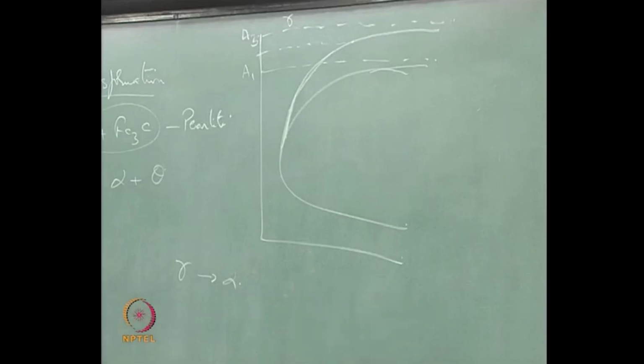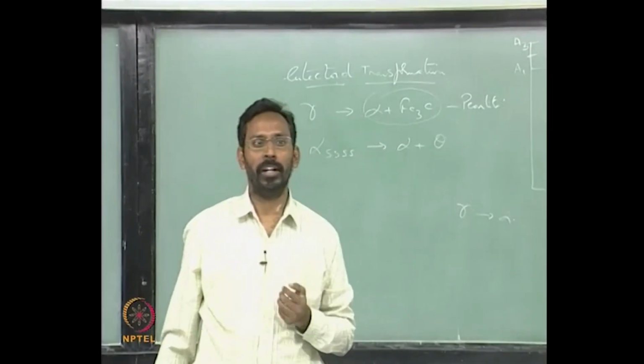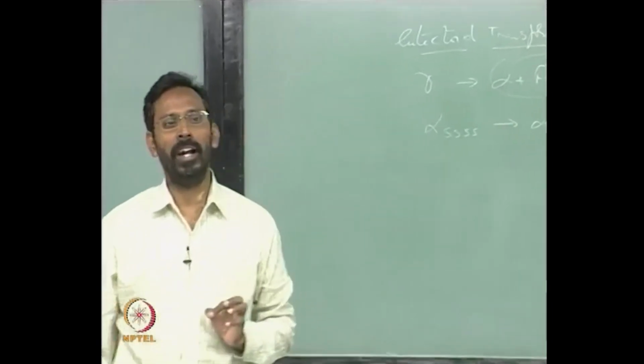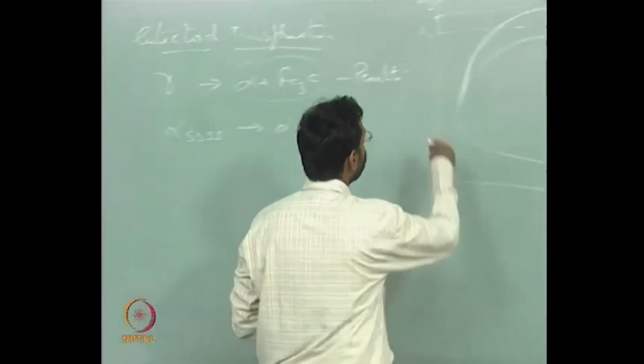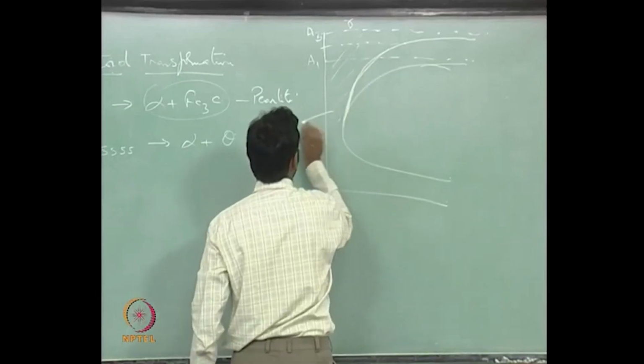What do you have to the left of the TTT diagram? It is metastable gamma. Do not call it unstable gamma. Okay? There is a lot of difference between metastability and instability. So this is metastable. So this whole domain is metastable gamma.